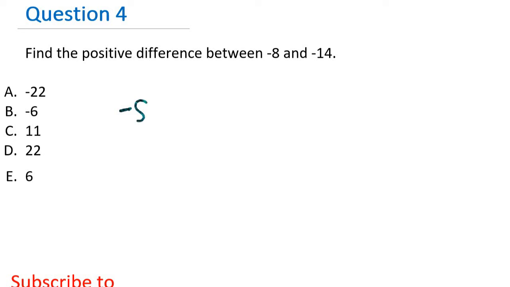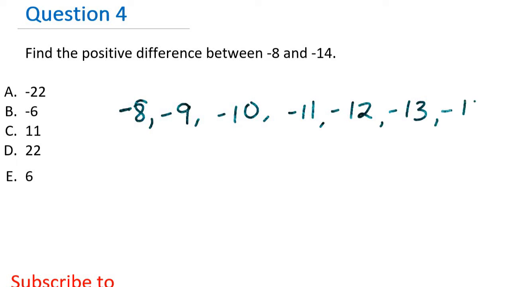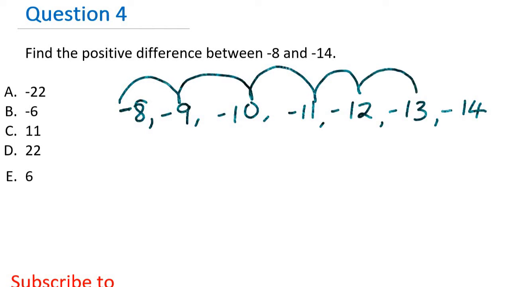So -8, -9, -10, -11, -12, -13, -14. Okay, so what's the positive difference? From here, we'll count 1, 2, 3, 4, 5, and 6. So the positive difference is 6. Is that clear? Alright, good.